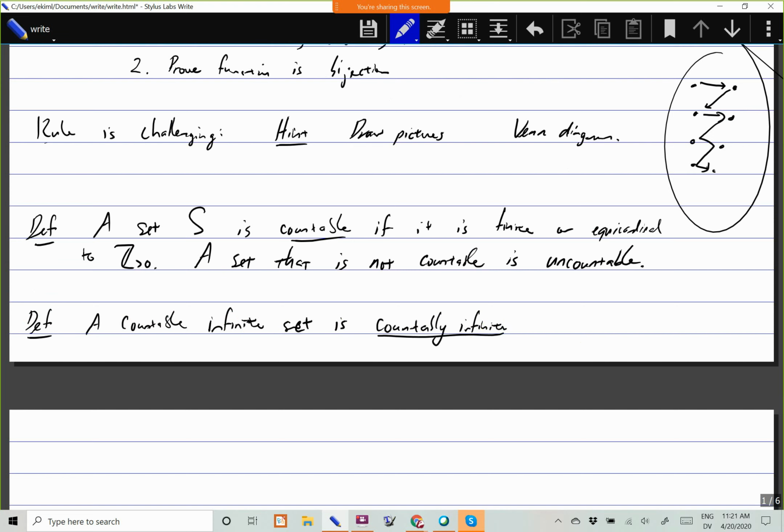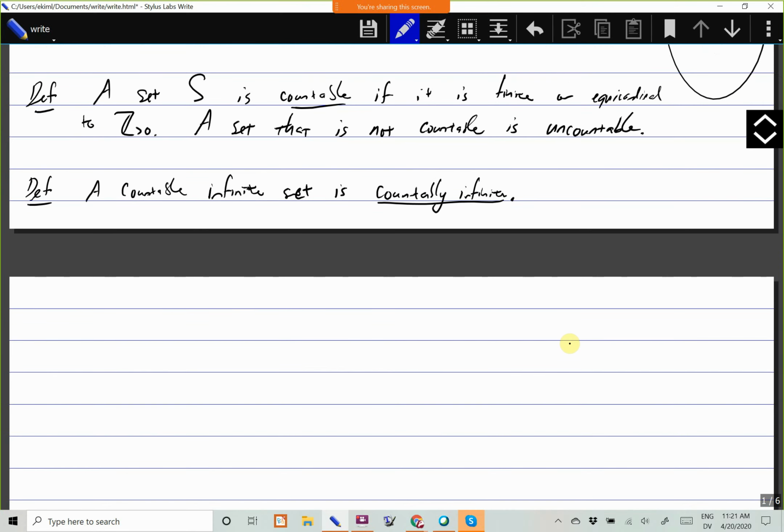Even though that's the official definition, what you could almost morally say this translates into, so there's the definition, but then a set S is countably infinite.